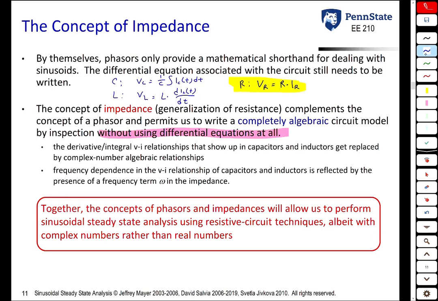What we're going to see is that the derivative and integral VI characteristics that we saw with capacitors and inductors are going to be replaced with algebraic relationships that have complex numbers. And then finally, if we use this impedance concept in conjunction with the phasor concept that we already covered, we're going to greatly reduce the mathematical complexity of these problems.